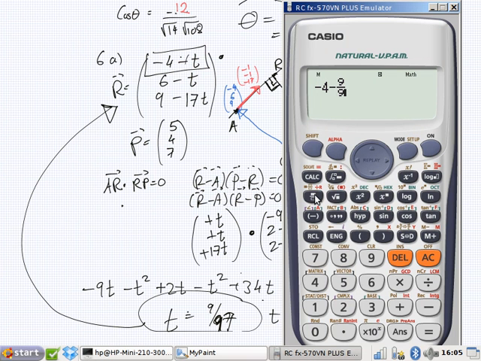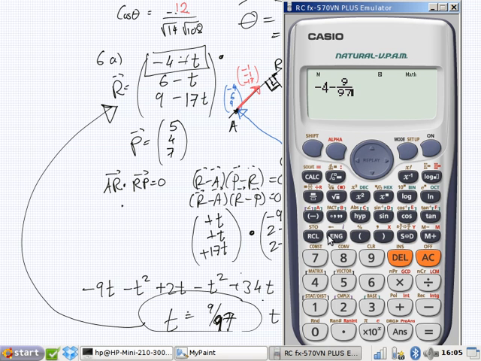Oh my goodness, 9 over 97. I was trying to do something fancy. I don't know if I did that right. There's a way to store answers, you see this button here, A, B, C, D, E, and F. You can store the numbers into those letters.